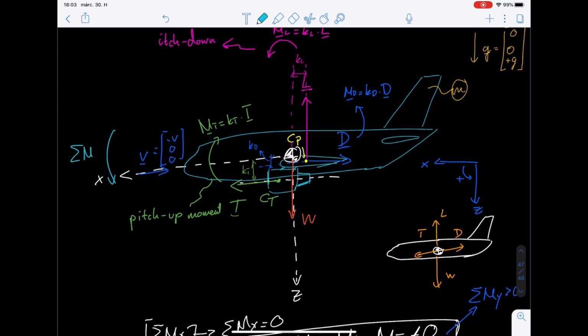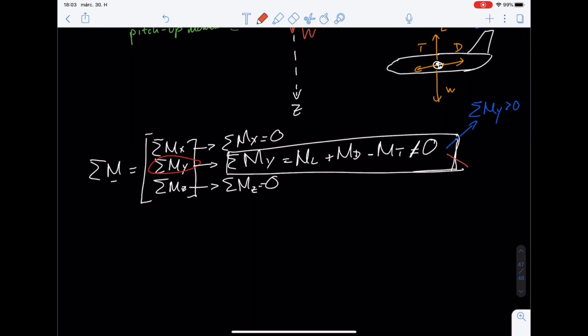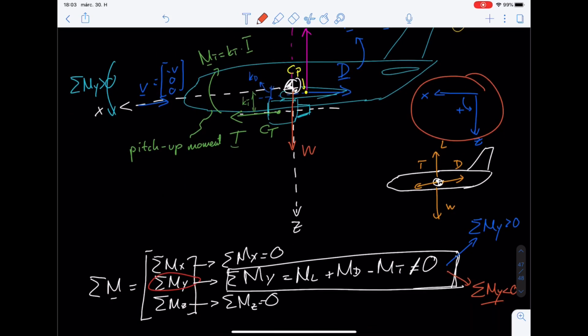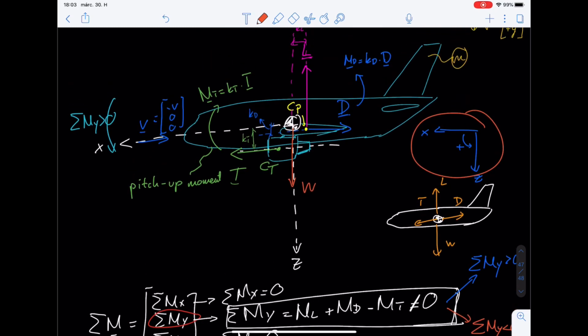So sum of the moments in the y if it's a positive one, and if it's a negative one, with this convention, and again I need to emphasize that this is only true with this convention.